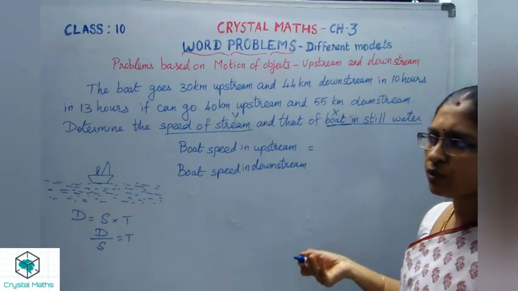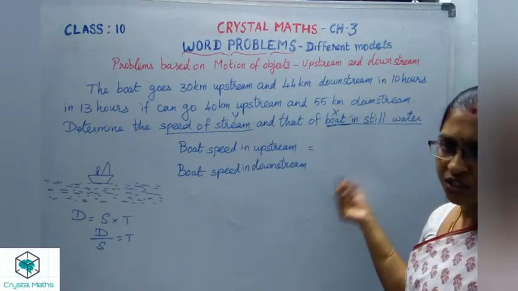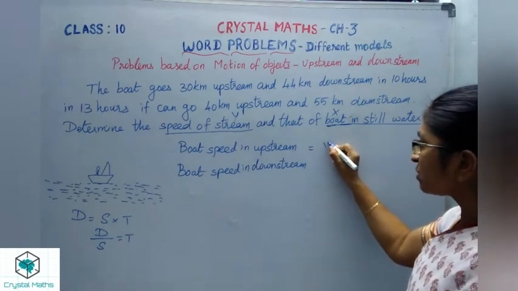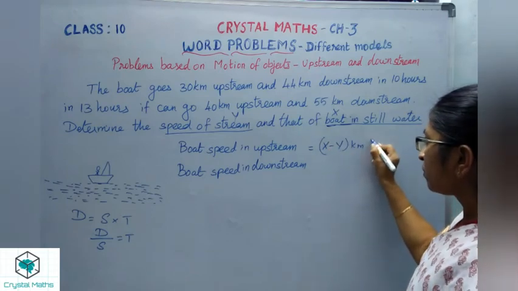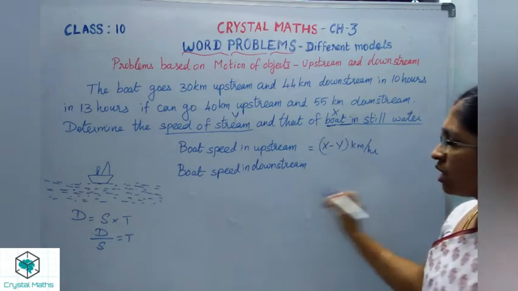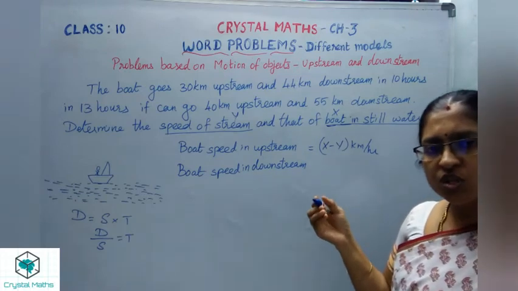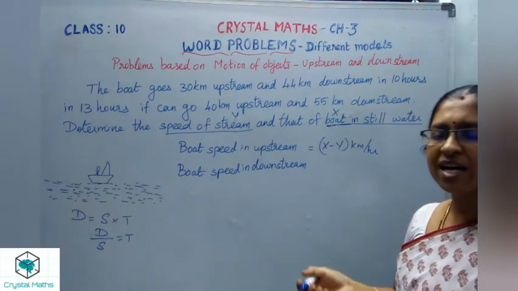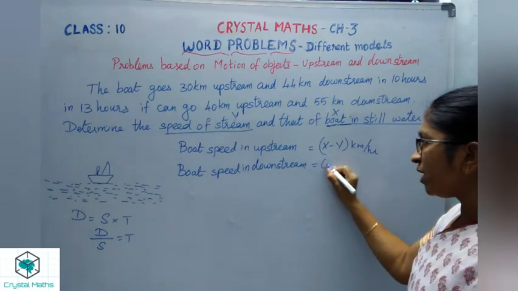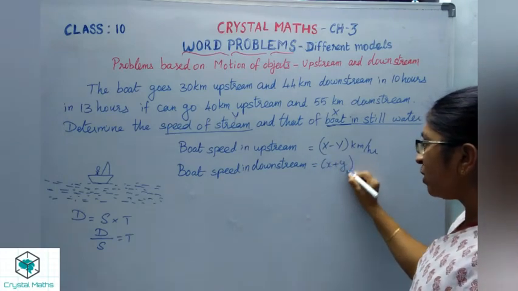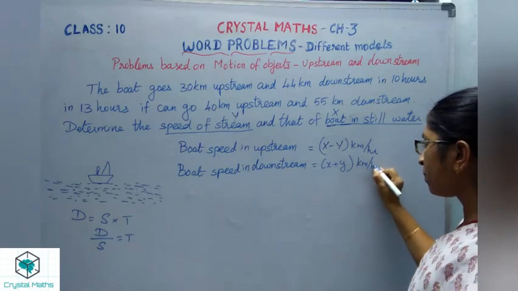How much it is reduced depends on the speed of the stream. So it will be x minus y kilometers per hour. Speed in downstream: if you are going along with the river, automatically speed will be increased. So that time speed is equal to x plus y kilometers per hour.